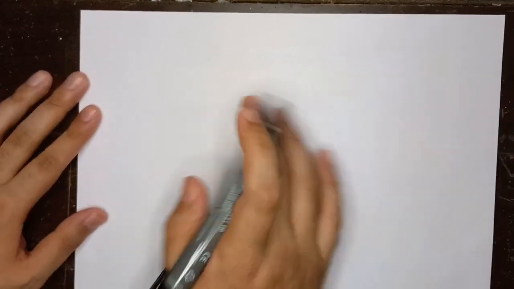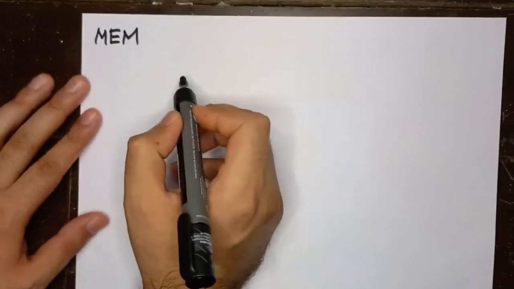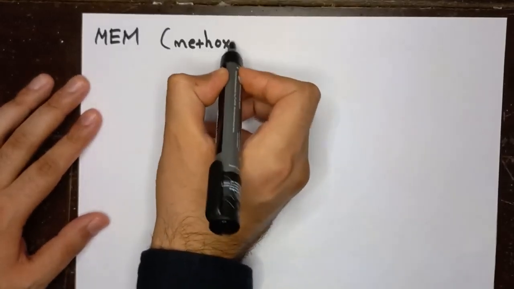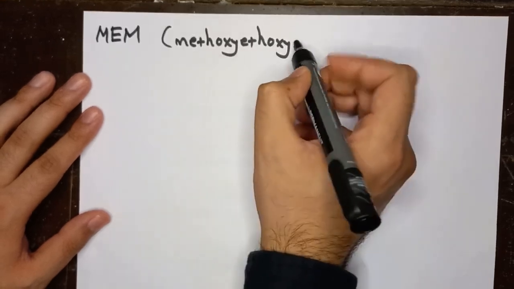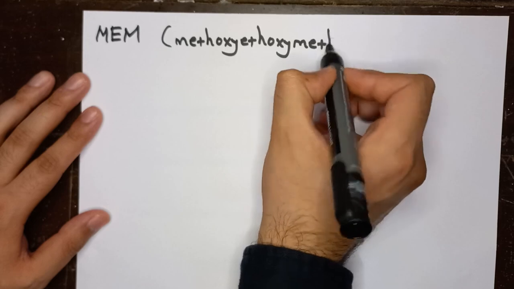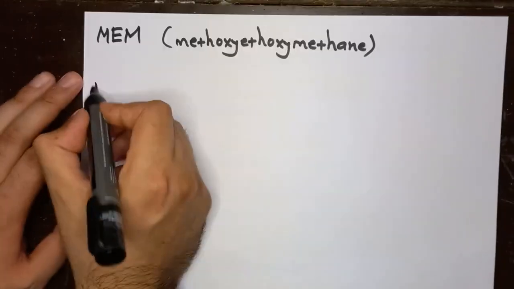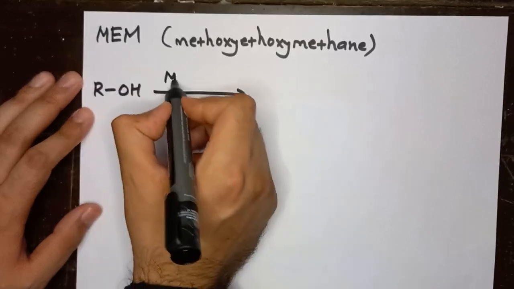Okay, now similar to MOM, we have MEM protection. What is the full form? Full form is methoxy ethoxy methane. So suppose I have this alcohol group and I am reacting this with MEM chloride.